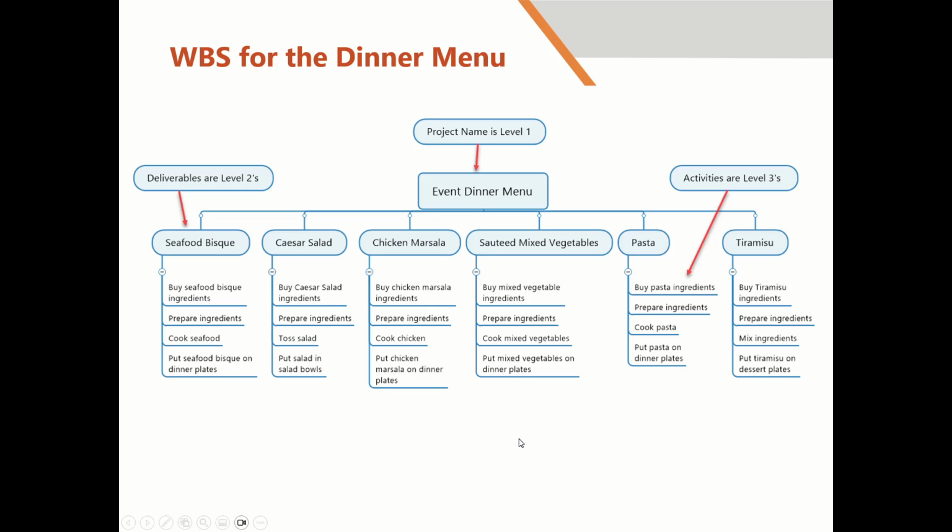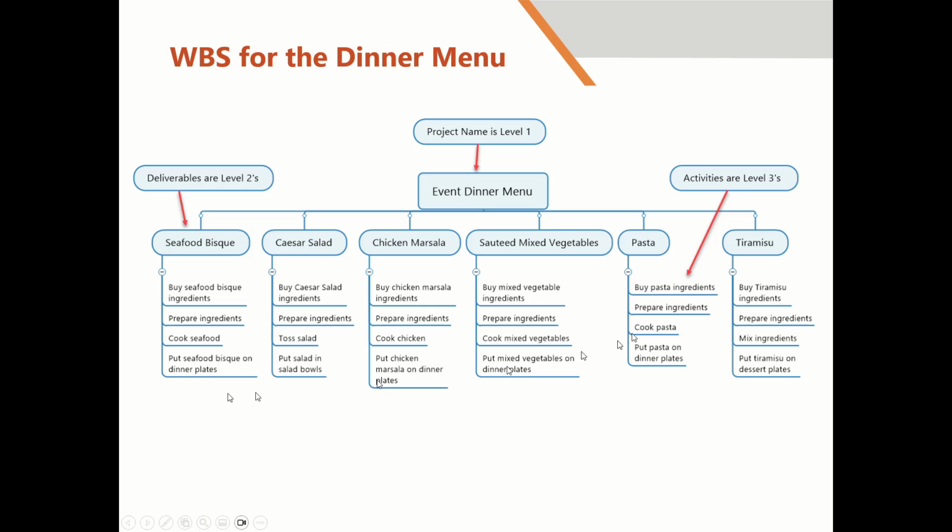Okay, so here is a work breakdown structure for the dinner menu. The project name is level 1, which is our event dinner menu. Then our deliverables are level 2s, seafood bisque, Caesar salad, etc. And then the activities are level 3s.